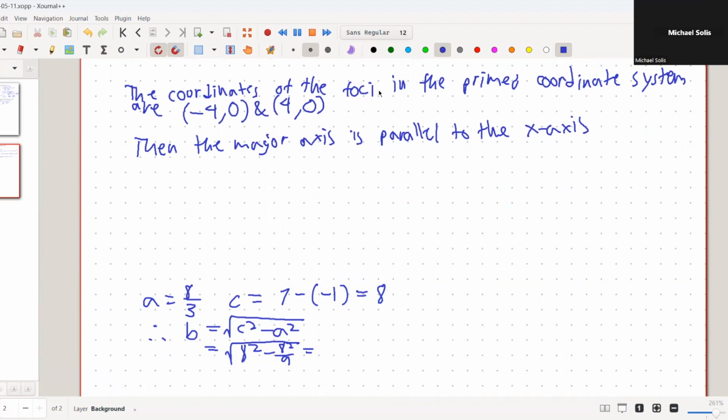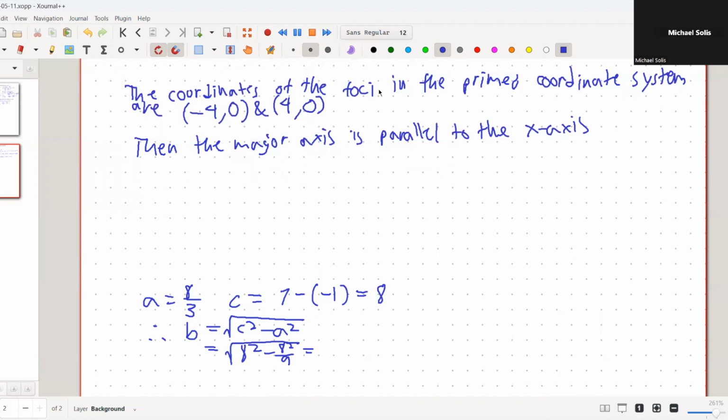And what is the definition of the major axis? And what is the definition of the length of the major axis? So let's check the book.